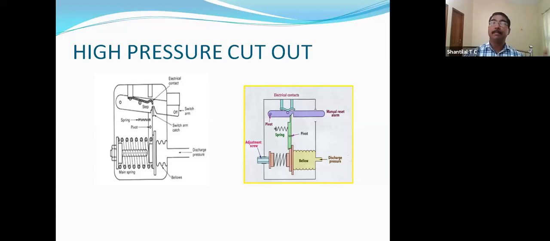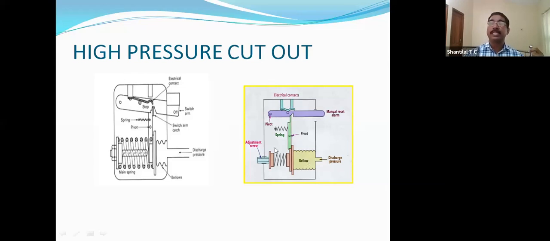Previously, the bellow was connected to the suction side. Here we are connecting the bellow to the discharge line. So the discharge pressure is acting on the bellow. The bellow will expand, and beyond the limit, it will open. This is the open position. The left side is showing the open position.